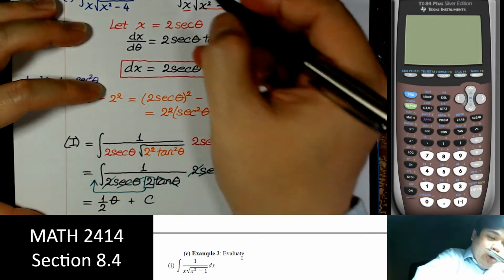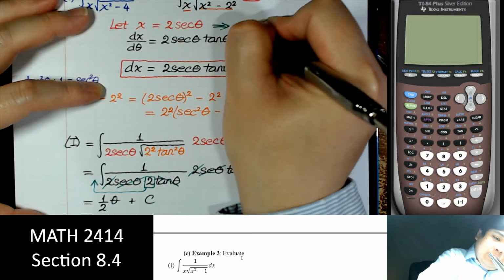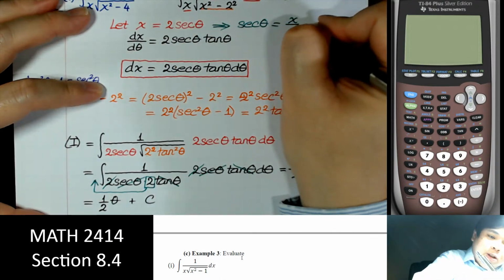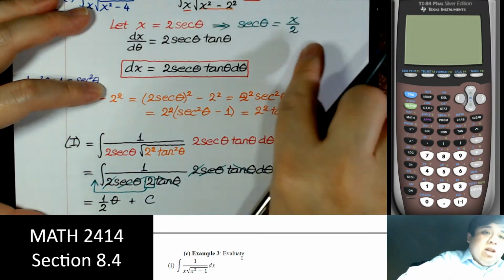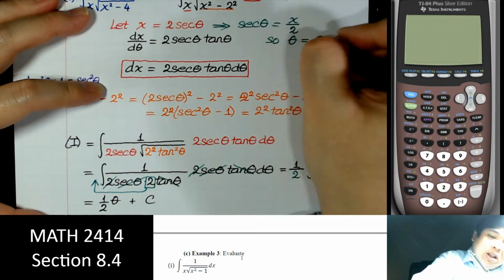So we go back to the original problem. We showed secant theta will be x divided by 2. So in which case, if we want theta, it's going to be secant inverse.